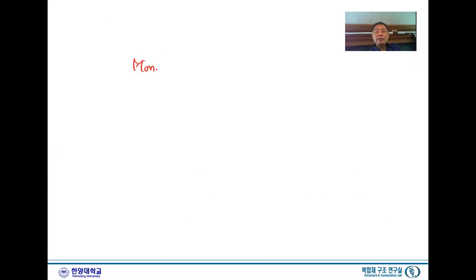See, moment and curvature, this was chapter 10. Moment curvature relation was moment equal EI times curvature. But curvature, we just observed that EI, what? V, second derivative.